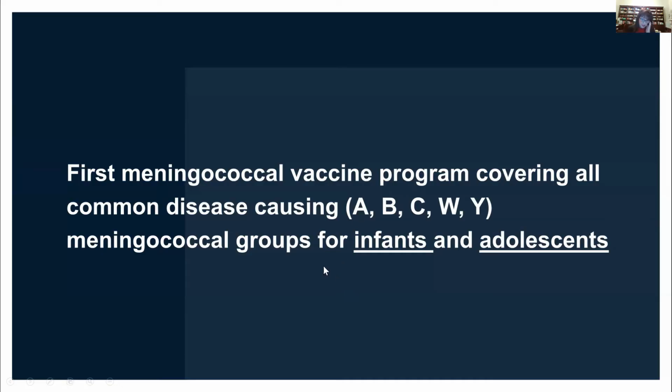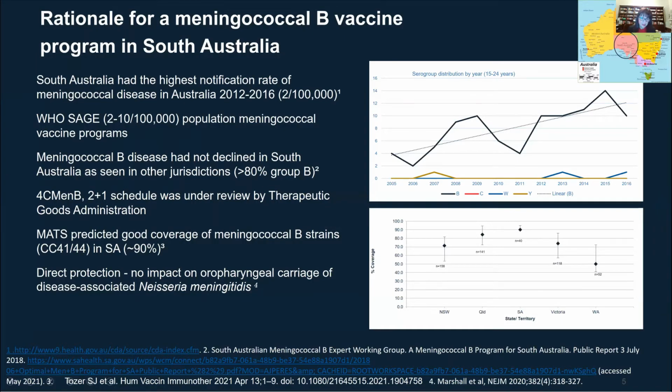So in South Australia, we have a meningococcal vaccine program that covers all 5 common causes of meningococcal disease for both infants and adolescents. So that gives us a great opportunity to evaluate that program. The reason why we introduced a program in South Australia was, as you'll see in the little diagram, South Australia is in pink there.